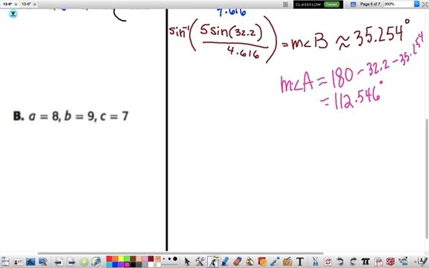Okay. Side, side, side. Law of cosines. And I'm going to draw myself a diagram. Right? Draw a picture.